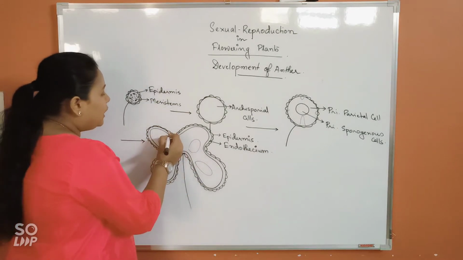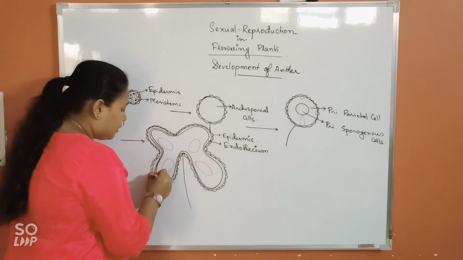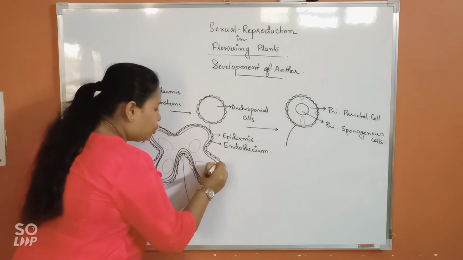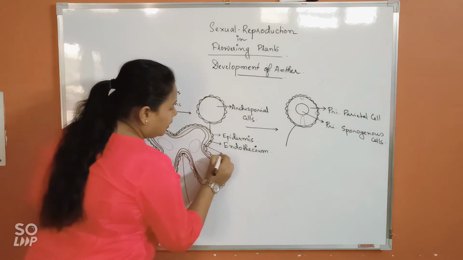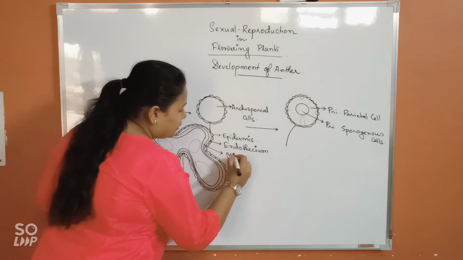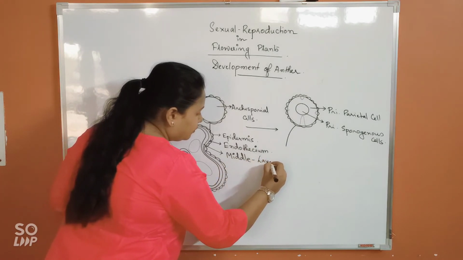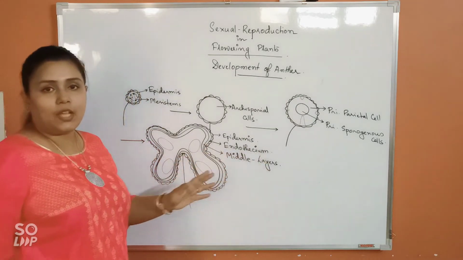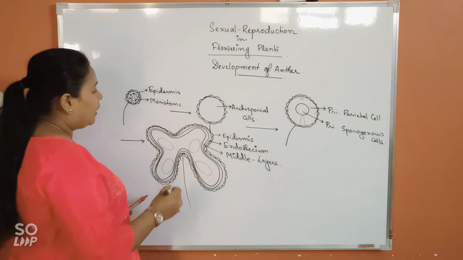Now, internal to the endothecium will remain 2 to 3 further layers, 2 to 3 layers of middle layers. Okay, endothecium is single layer, middle layer will be 2 to 3 layers.